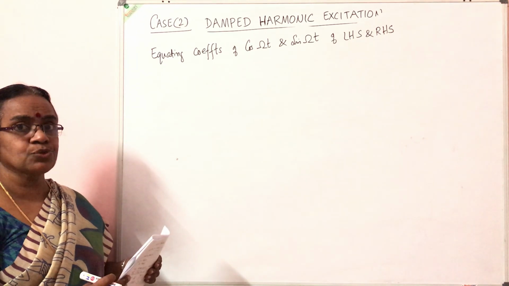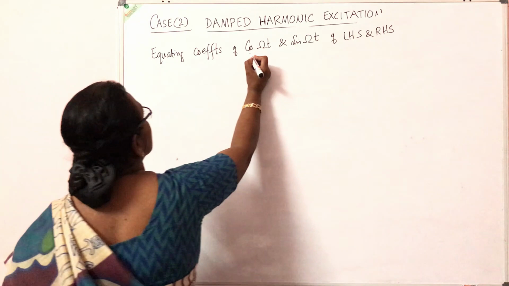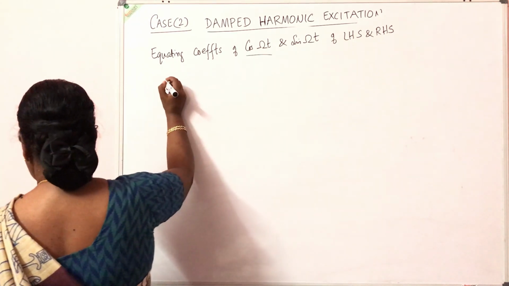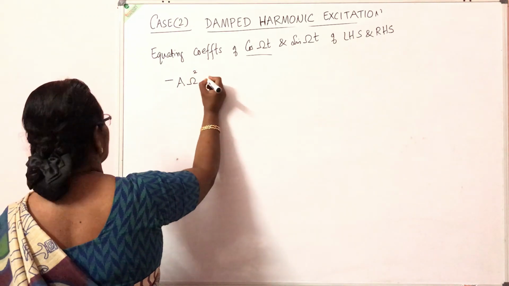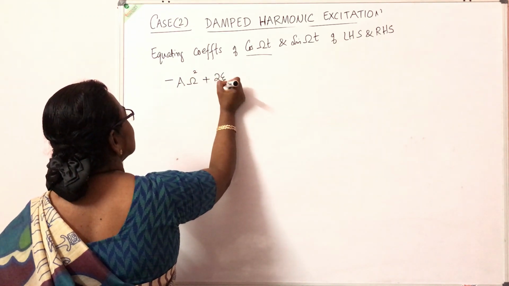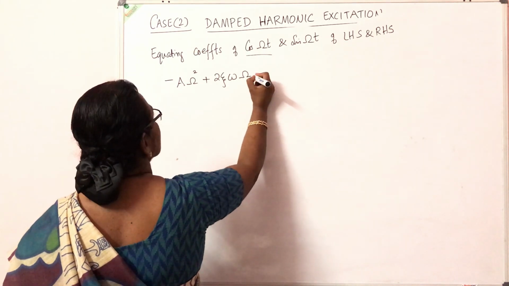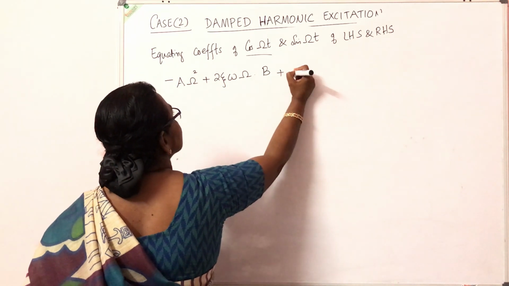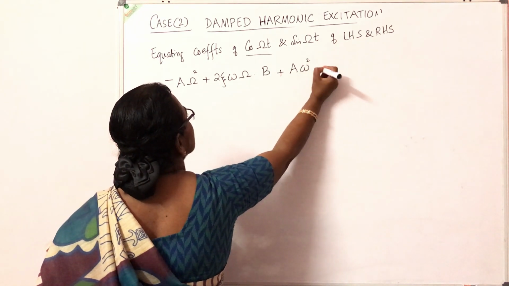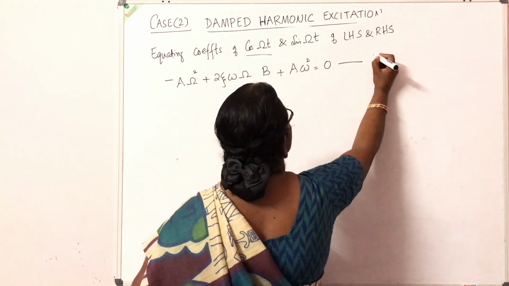On the right hand side there is no cos omega t term. So comparing the cos omega t terms, we will write minus a omega square plus 2 psi omega into b plus a omega square is equal to 0. That is equation 3.